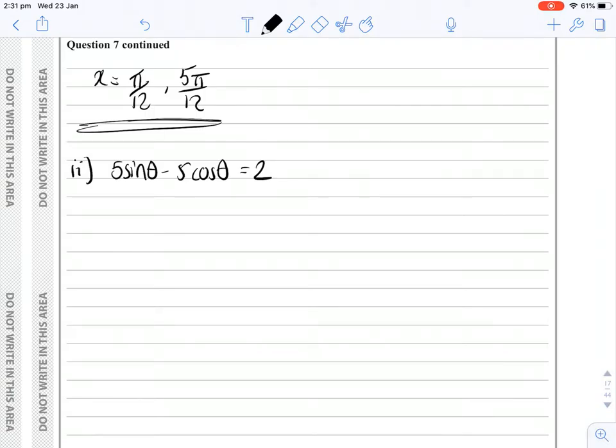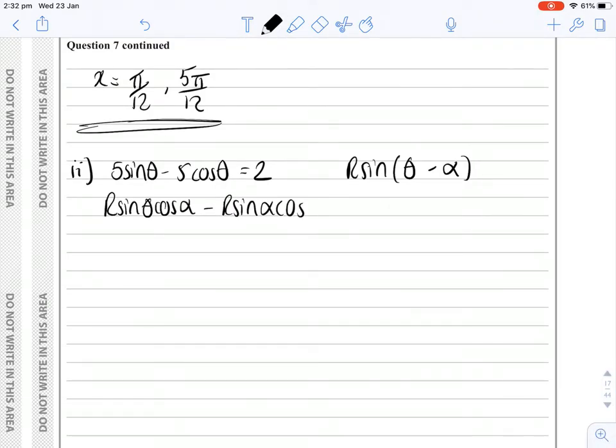Now the easiest way to solve this is using the R alpha method. So I'm going to say this is the same as R sine of theta minus alpha. So using the expansion from the formula book, R sine theta cos alpha minus R sine alpha cos theta is equal to 2.